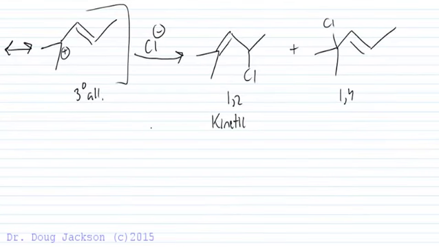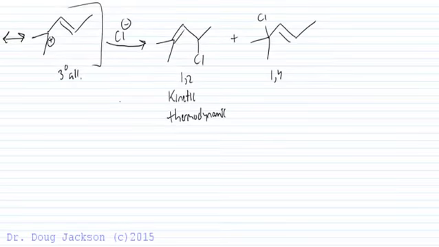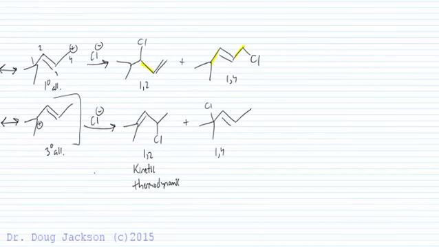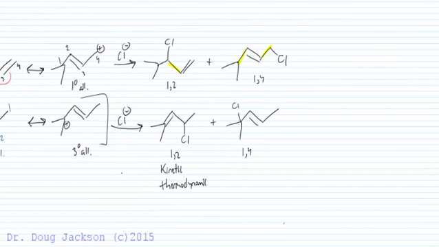So it turns out that this is both the kinetic and thermodynamic product. And if we look at this by an energy diagram, the system that we have described starts with the starting material, raise that energy to form the cation, and we form two different cations.